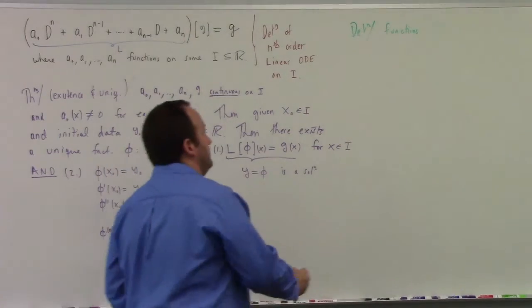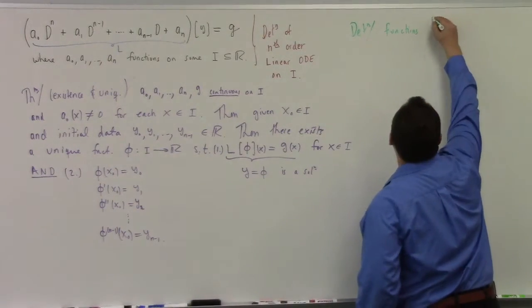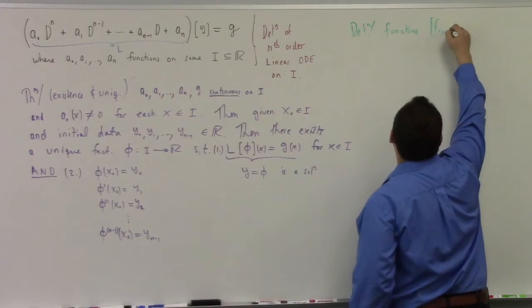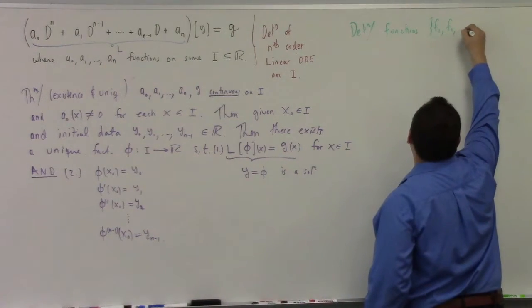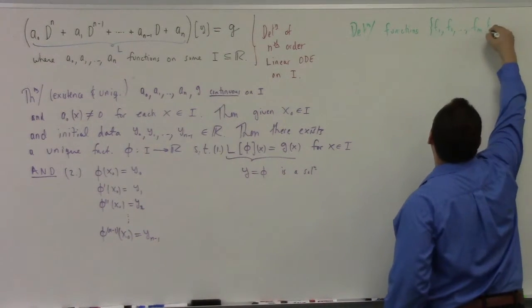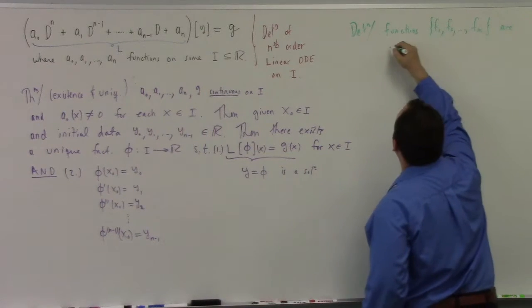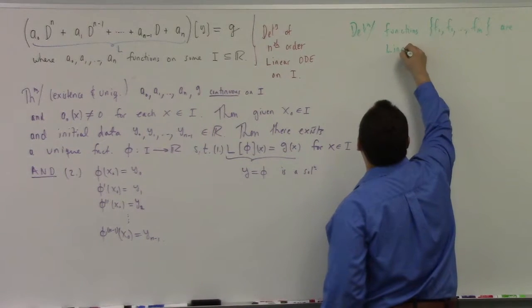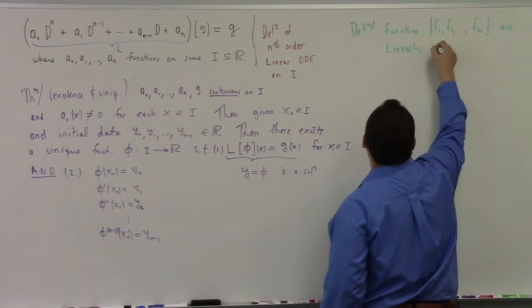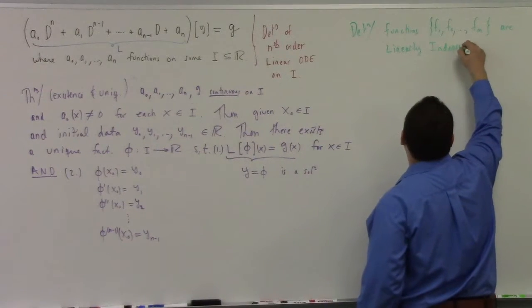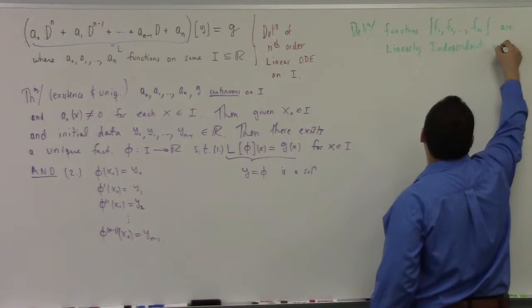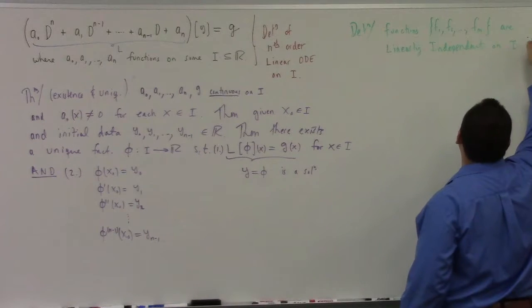So let's say f1, f2, fm are linearly independent on I, all right?